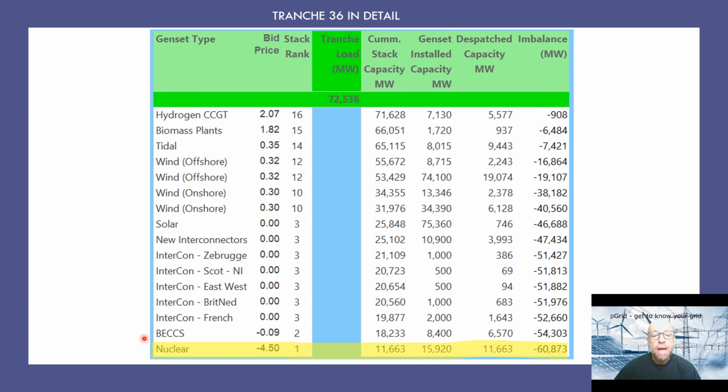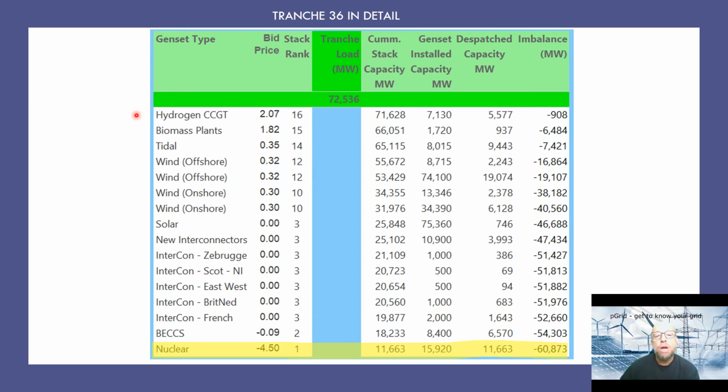And we just keep adding the plants in order of merit. And what happens is the stack capacity rises, or if you like, the imbalance decreases. These are two sides of the same coin, until we reach the hydrogen plant at the top, which is the last bit of plant we have available in the model, or in this scenario as shown to us by FES.